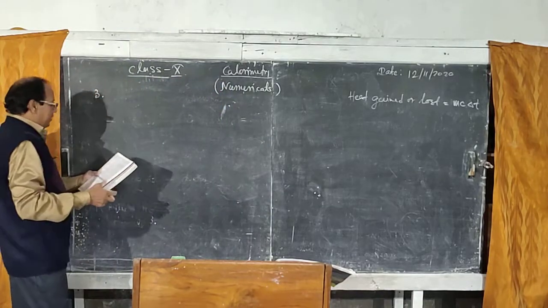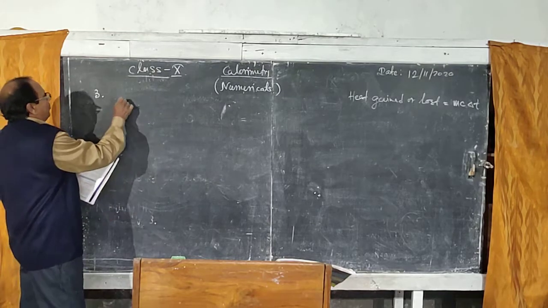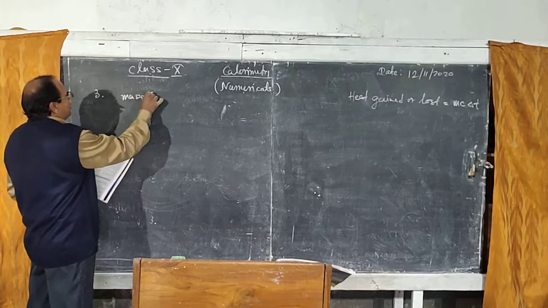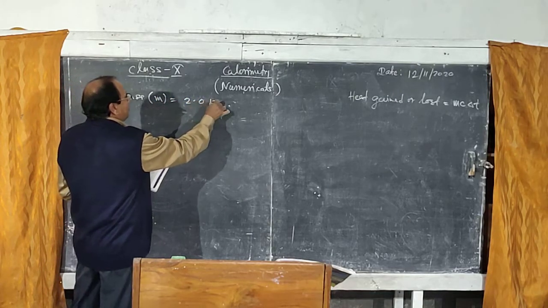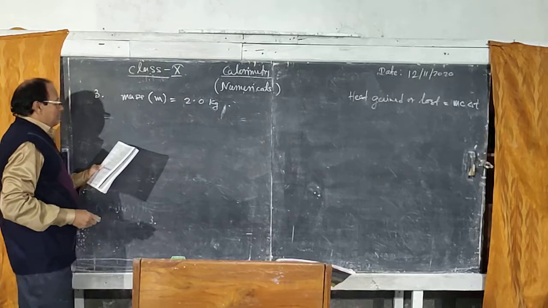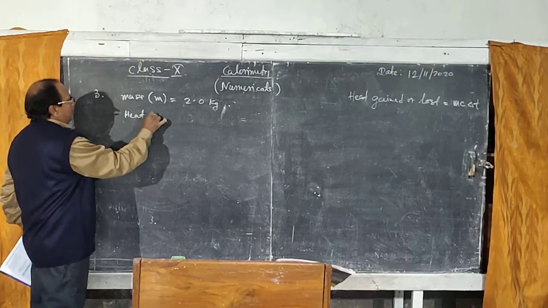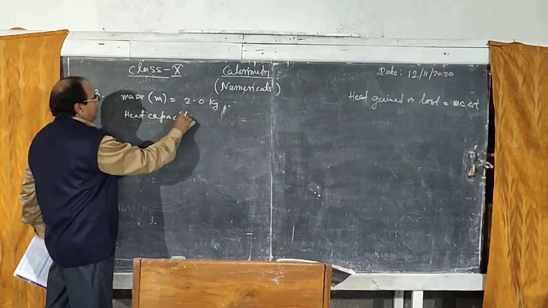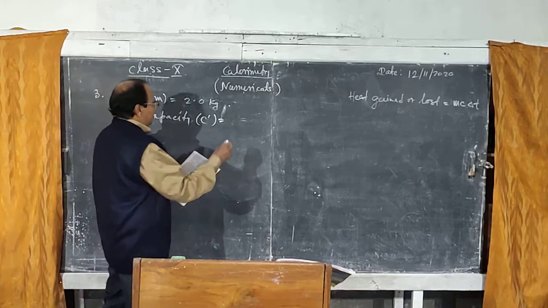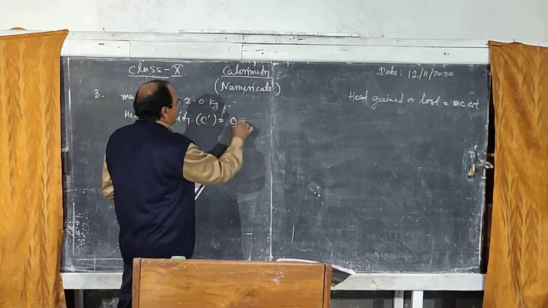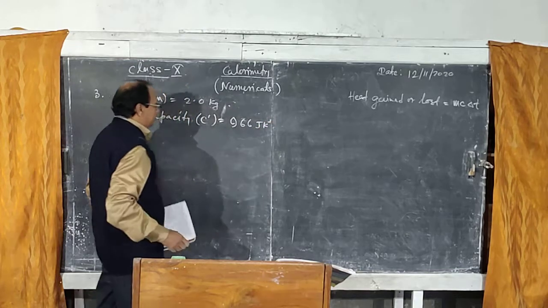Question number 3. A piece of iron of mass 2.0 kg. So here mass M is equal to 2.0 kg. Heat capacity you can write C dash here, C dash is 966 joule Kelvin inverse.